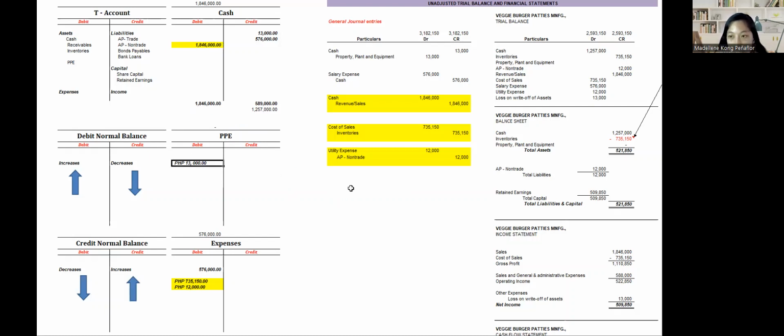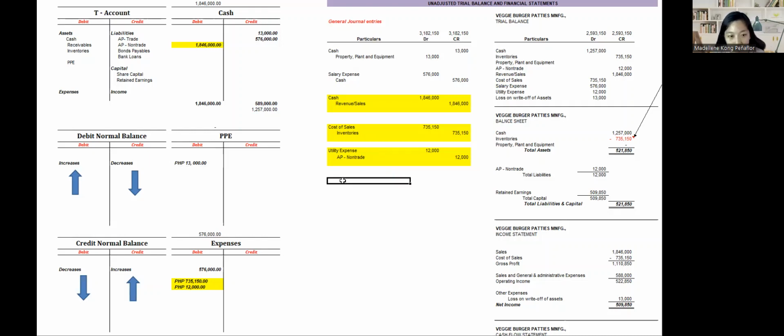However, the company decided that instead of using the bicycle as a form of their delivery equipment, they decided that on the next year of operation, they will buy a delivery truck. So the bicycle is no longer of use for their future operation. So the company decided to write it off.